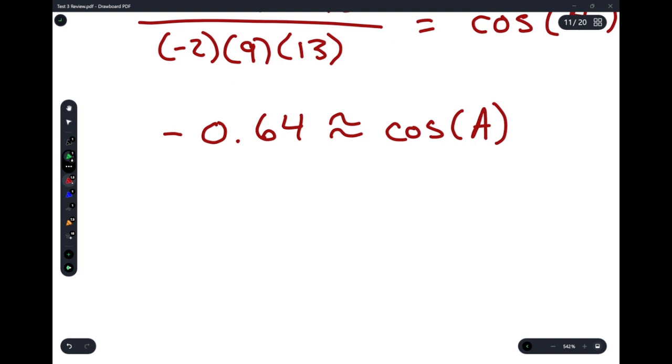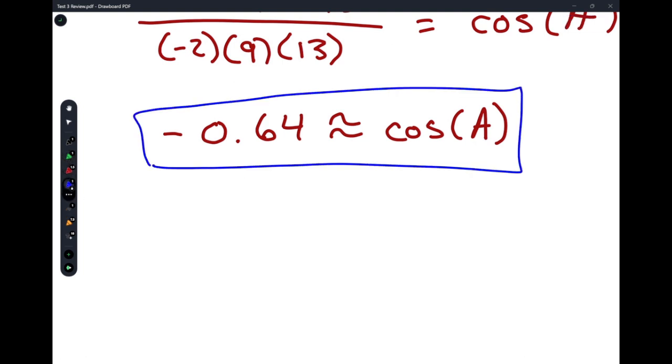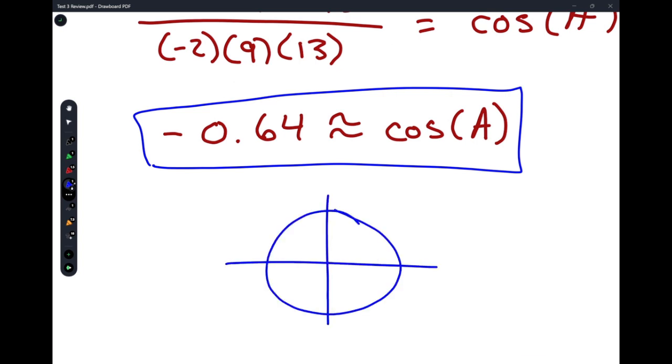This is actually really interesting. If you can tell me what this means, I'll give you extra credit. It's in quadrant 2. Okay, but what does that mean about our triangle? A negative cosine isn't bad. What are the angles of quadrant 2? 90 to 180.